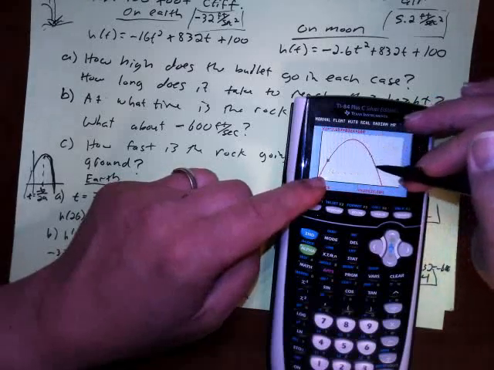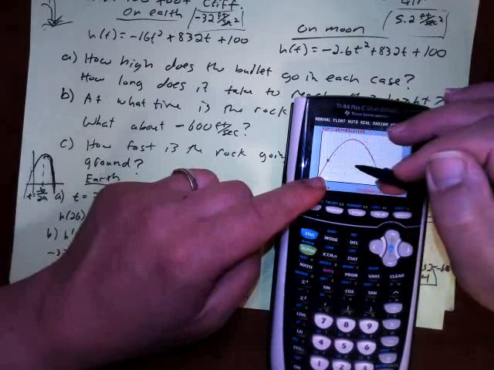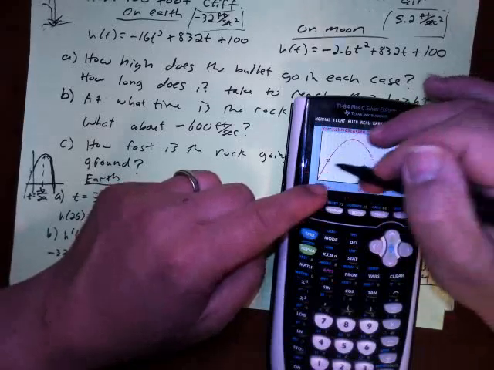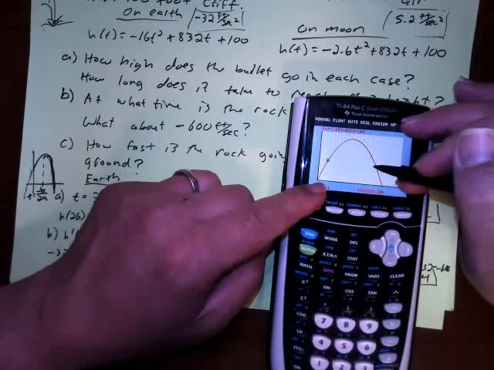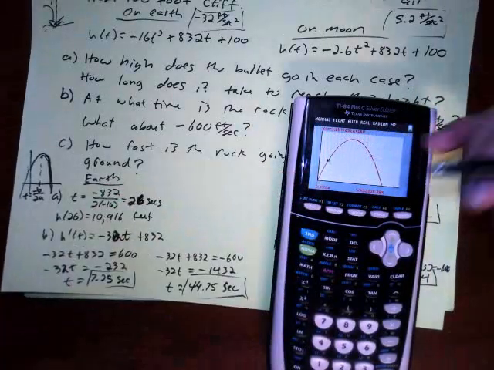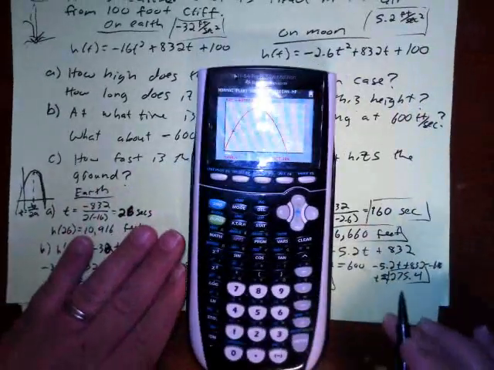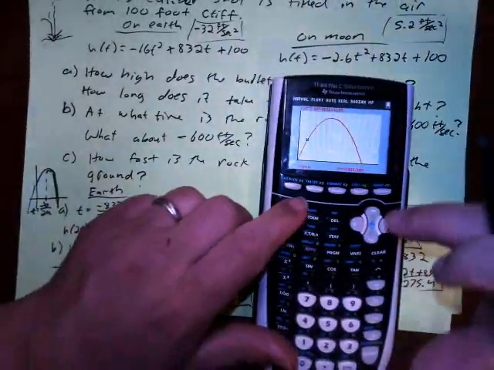So this is now the negative direction, and this is where the slope is the same as this, but in the negative direction. So straight across from this is when the rock is going negative 600 feet per second. And so that's at 275.4. So let's do that.